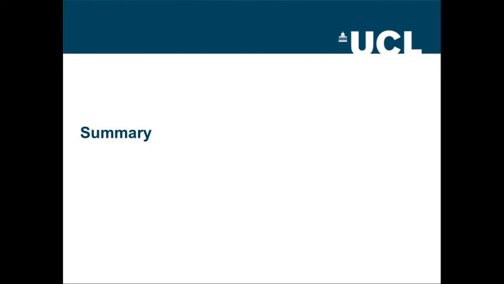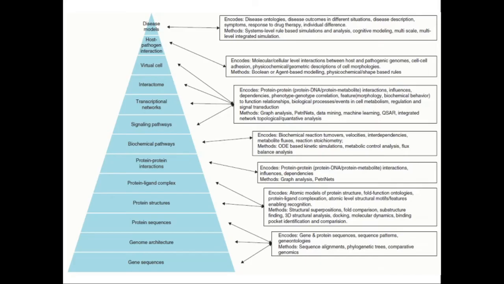So just to summarise then, the whole idea of target discovery for drug design can be done at many different levels. Starting at the bottom of this pyramid, we can start with gene sequences, genome architecture, protein sequences. So this is all sequence based. We can use sequence alignments, and sensitive tools like SciBLAST, phylogenetic trees, comparative genomics, and so on.